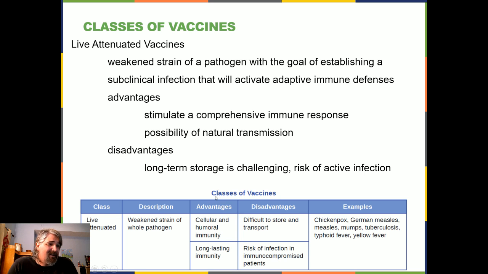Disadvantages: long-term storage is challenging, and there are risks of active infection, particularly for people that are immunocompromised. Examples of live attenuated vaccines include chickenpox, measles, German measles, mumps, tuberculosis, typhoid fever, yellow fever. Again, the disadvantages: difficult to store and transport, risk of infection in immunocompromised patients, but it does confer cellular and humoral immunity, and it is long-lasting.